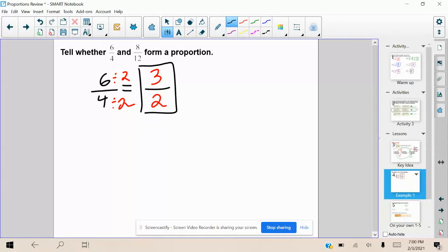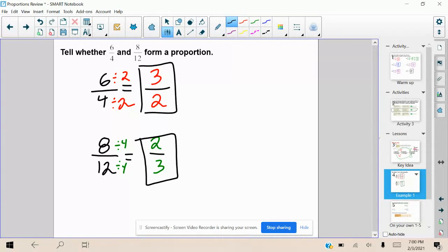So if I wanted to form a proportional relationship, that would mean 8 over 12, when I simplify that, turns into 3 over 2. So let's try that out. If we have 8 over 12, we want to think of how can we simplify this? Well, we can divide both the top and the bottom, the numerator and the denominator, by 4, and we get 2 over 3.